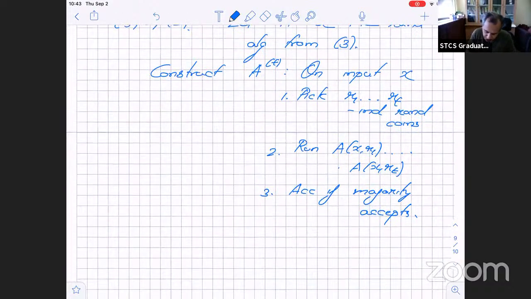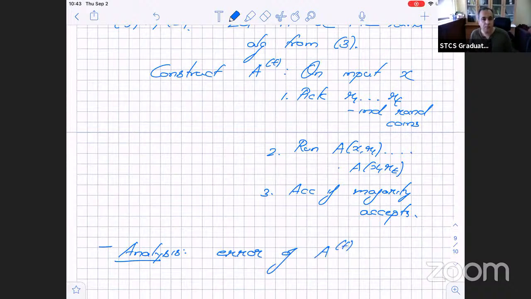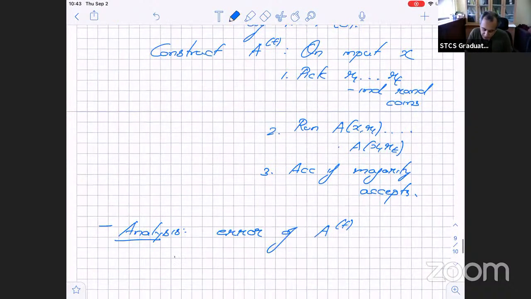So now let's come up with a random way. So we want analysis. I want to analyze the error of AT. So let's define Xi to be the random variable. It's going to be a 0, 1 valued random variable.